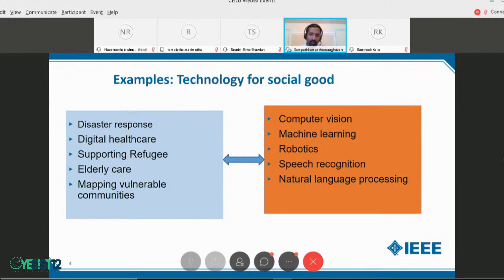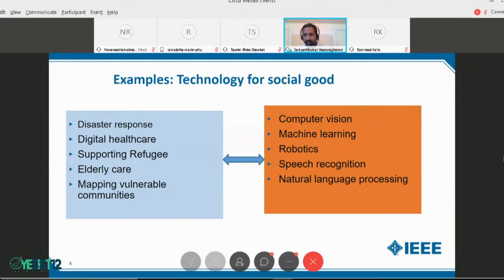I'm just providing a map here of how this is a two-way door, right? One, the need helps us advance technological innovation in a certain sector. And in turn, whatever advancement you make in that sector reinforces back as an investment to address these kinds of challenges on the ground level.